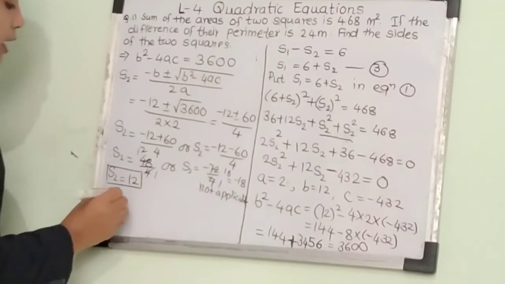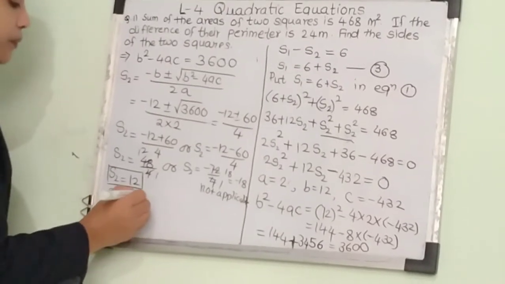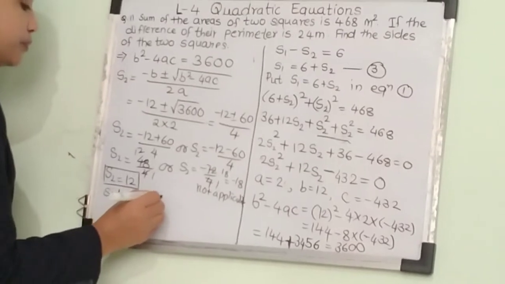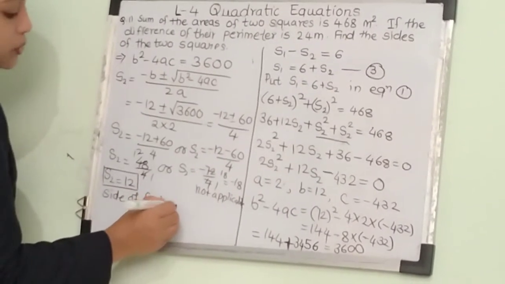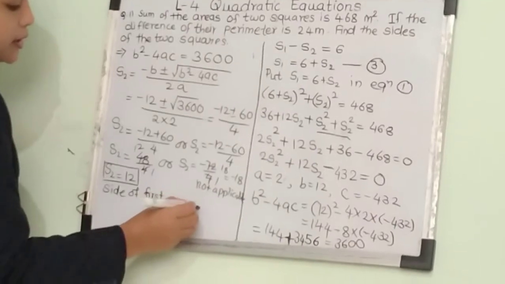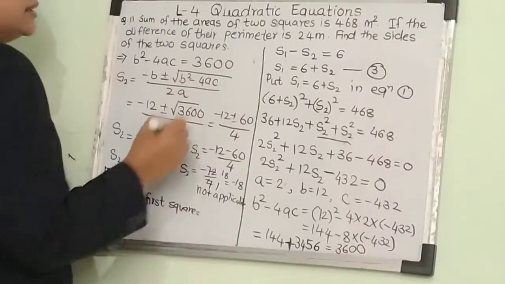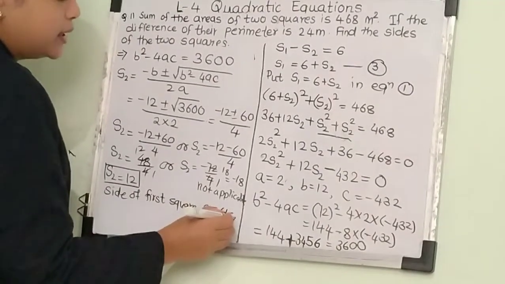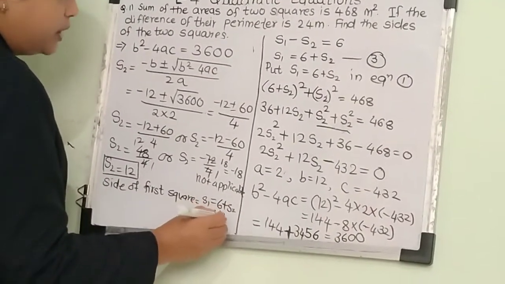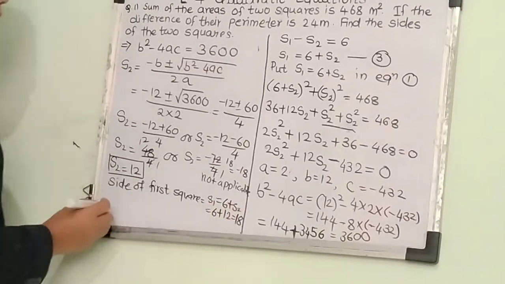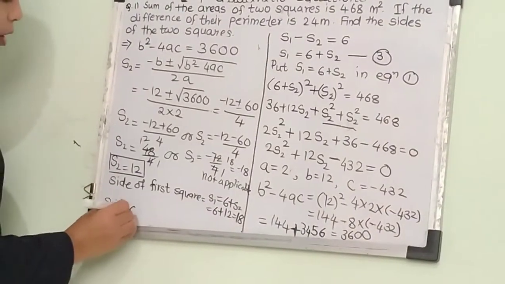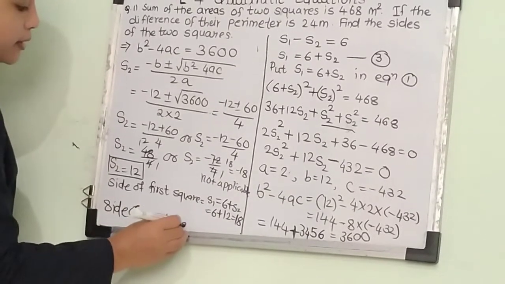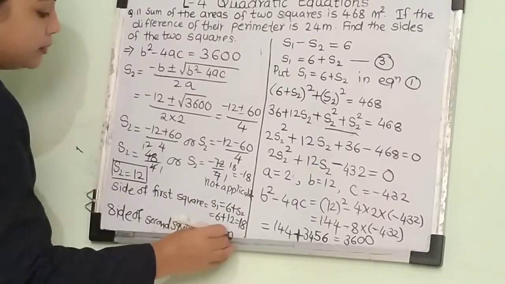So we can write the side of the first square is equal to, that is our condition, S1 equals 6 plus S2, that is 6 plus 12, 18 meter, and the side of the second square is 12 meter.